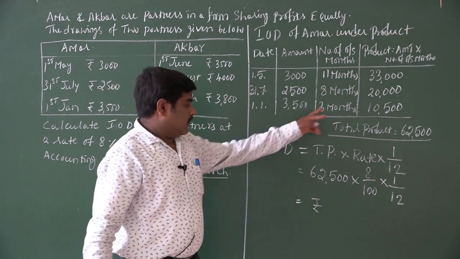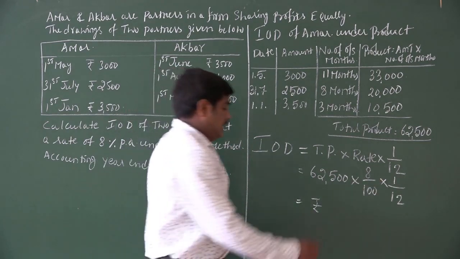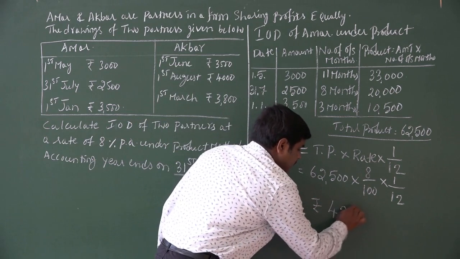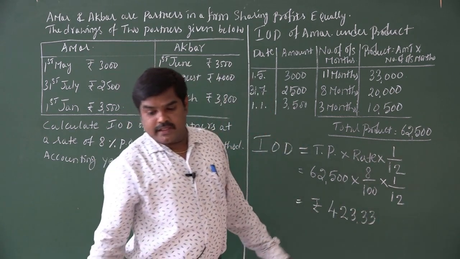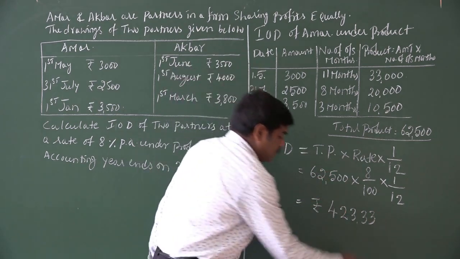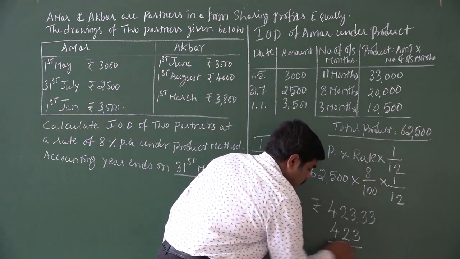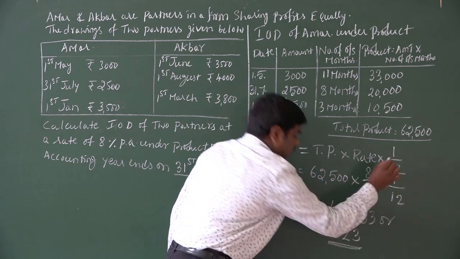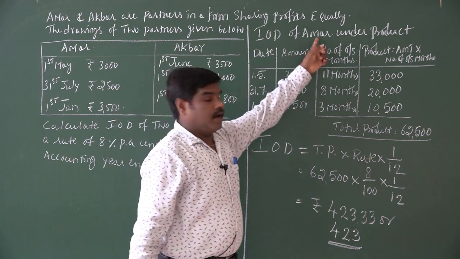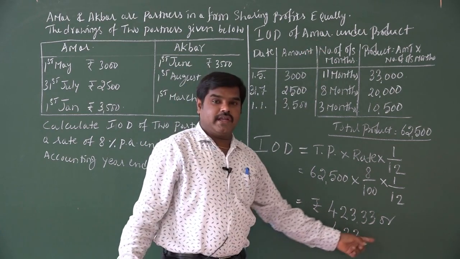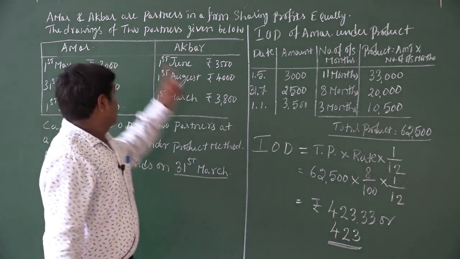If you calculate this, you get 423.33. Nothing to worry, round it off. 423 will be the final answer. So interest on drawings of Amar is 423.